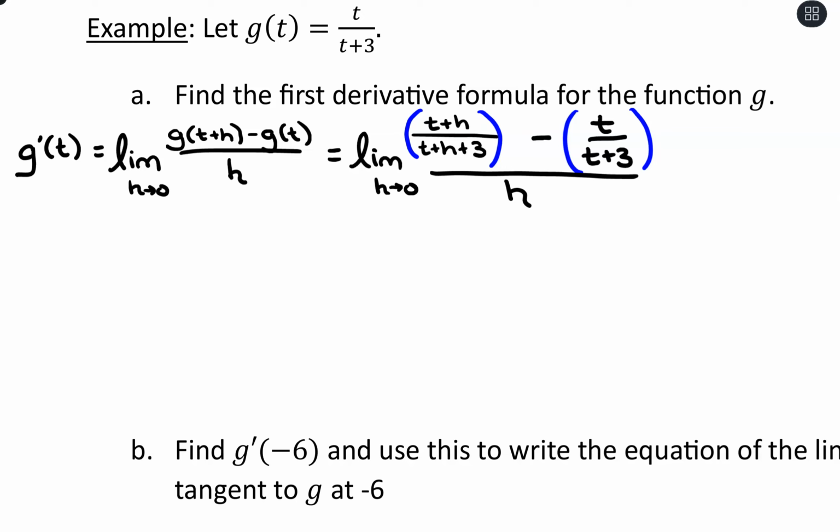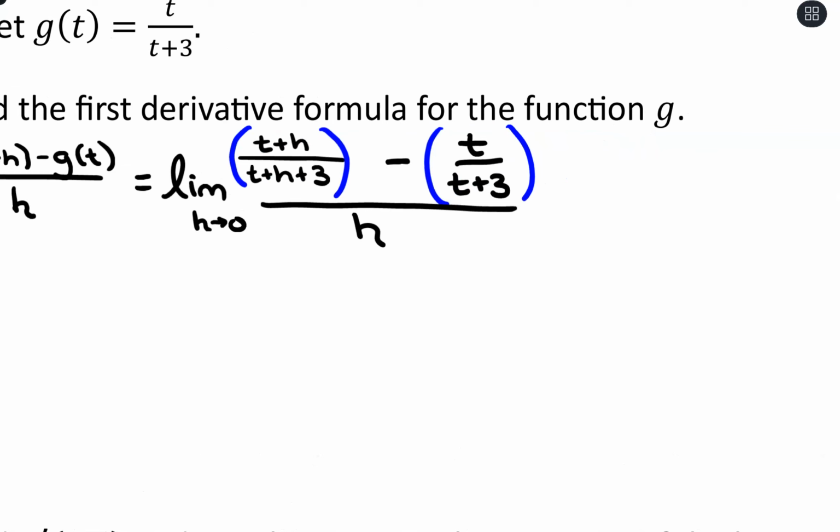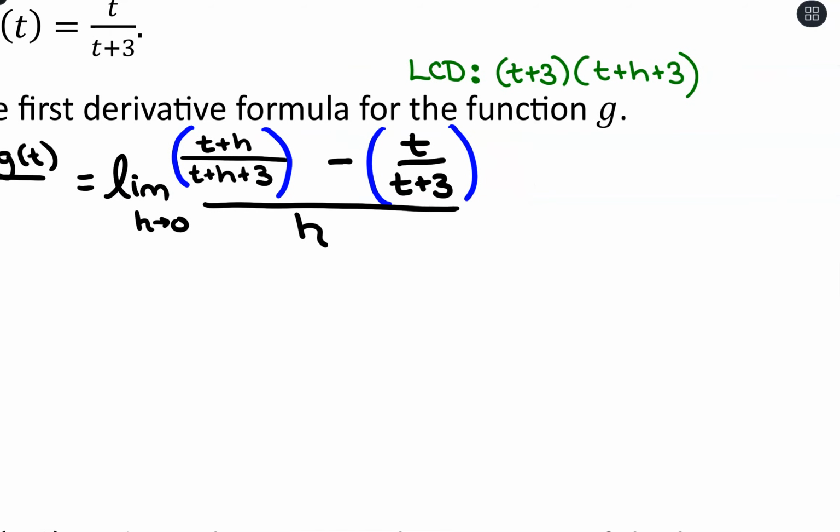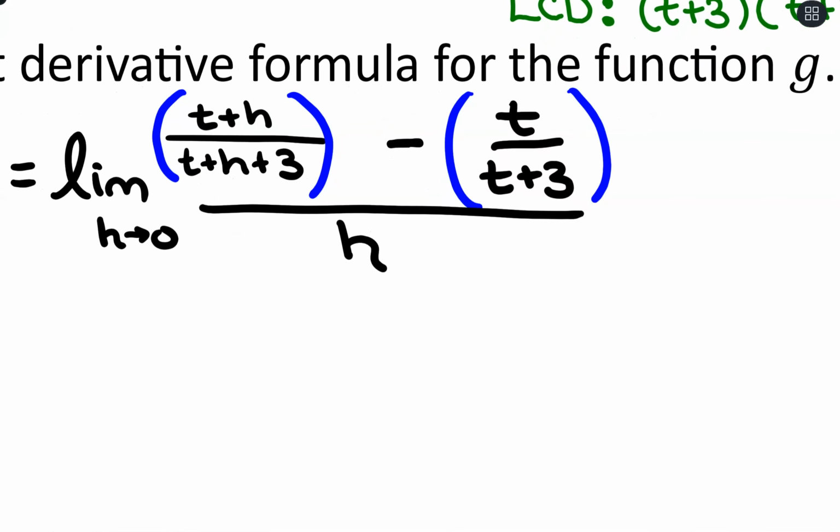Okay, so in our last videos we talked about with rational functions using our least common denominator to simplify. So in this case, my least common denominator is going to be the multiplication of t plus 3 times t plus h plus 3. So just getting a little messier, but it's still going to work in the same way. So what we're doing here is multiplying by t plus 3 times t plus h plus 3.